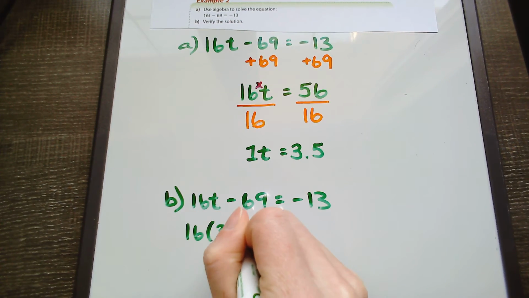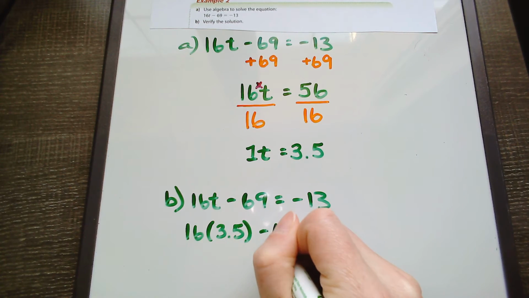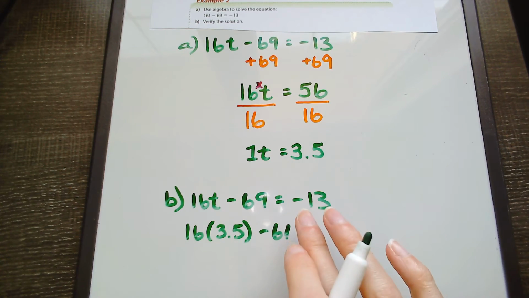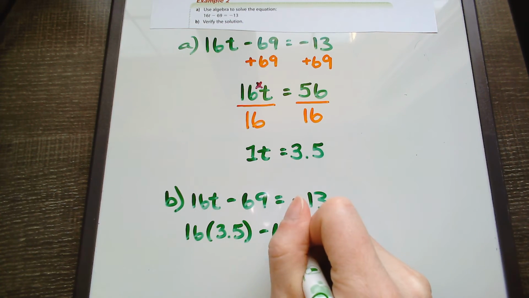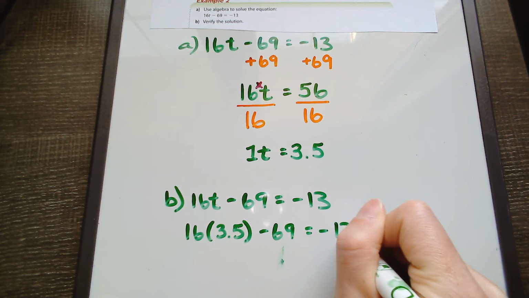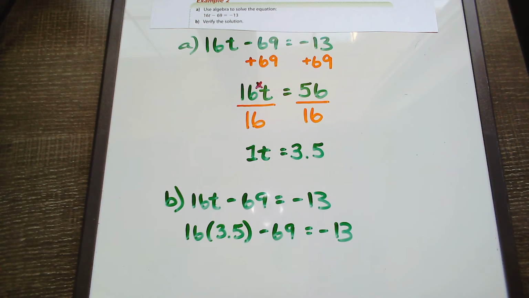16 times 3.5 minus 69 equals negative 13. 16 times 3.5 is going to give me 56 minus 69.